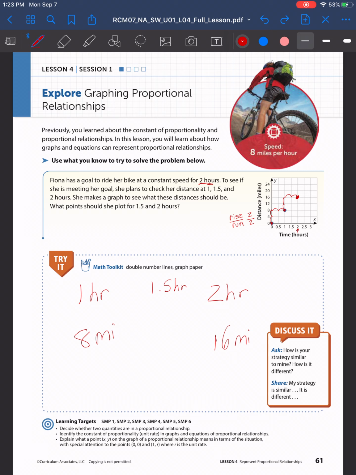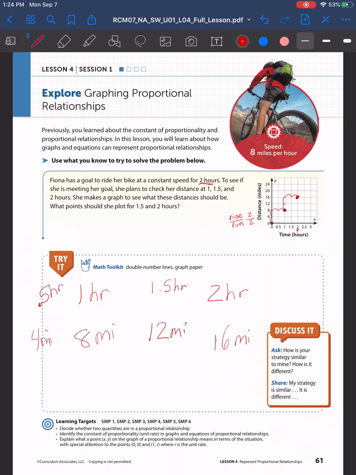Can I divide that in half? If I had a half hour right here, couldn't I then tell how many miles that'd be? What's half of 8? 4. Now I know a half hour takes her 4 miles. So to find 1.5 hours, can't I just take 4 plus 8 and get 12?